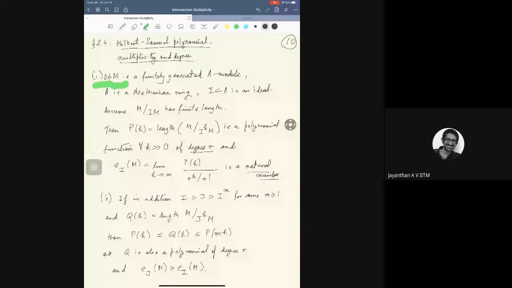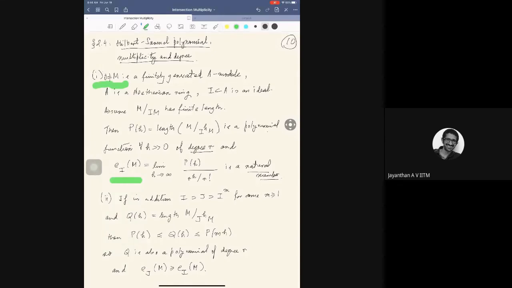And you assume that M mod IM is of finite length, and then you look at M mod I^h M. That's a function of h, and which, as we know, is a polynomial, the Hilbert-Samuel polynomial, for h sufficiently large. And the degree r of the polynomial, when you're working over a local ring, is the dimension. And the leading coefficient in this sense here is the multiplicity. That multiplicity itself has a geometric interpretation in the sense of perturbation and the sort of things that we've been discussing. So let's get into that.